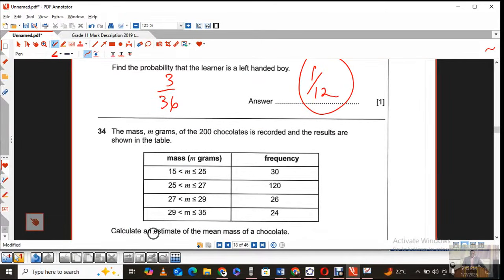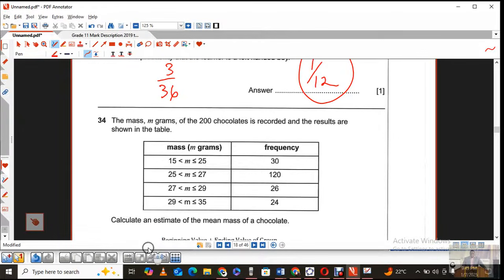The mass m grams of 200 chocolates is recorded and the results are shown in the table. Now, the problem that you must understand is why they are saying you are supposed to find an estimate of the mean. You can't calculate the mean. Let's look at this class interval here where 30 chocolates have a mass greater than 15 and between 15 and 25, let's suppose.